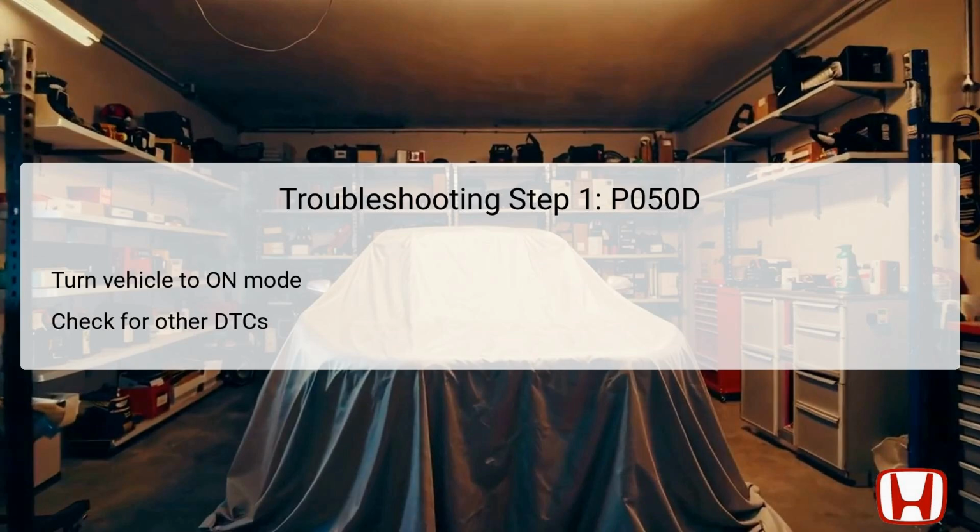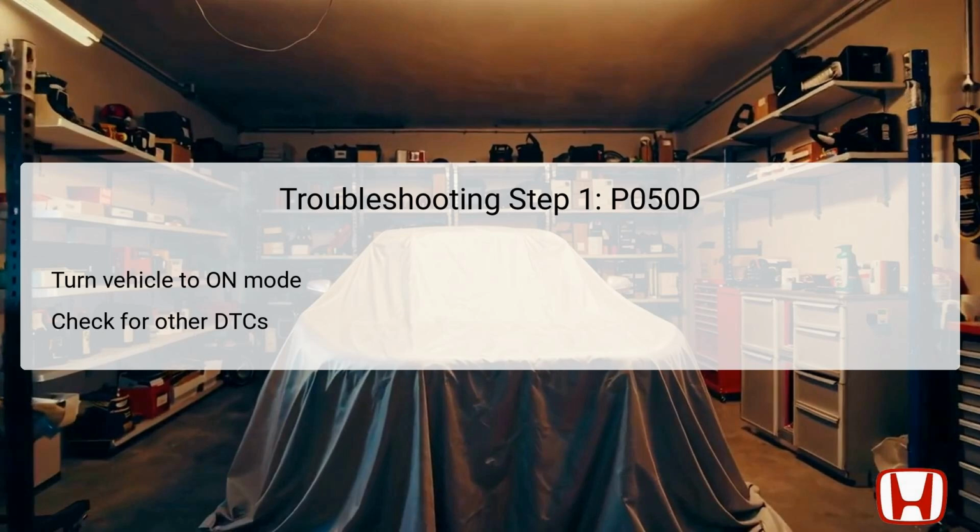In the first troubleshooting step for resolving DTC P050D, the technician must turn the vehicle to the on mode. This action ensures that the vehicle's electrical systems, including the engine control module, are powered and ready for diagnostics. Once the vehicle is on, check for any pending or confirmed DTCs using the Honda Diagnostic System, HDS.